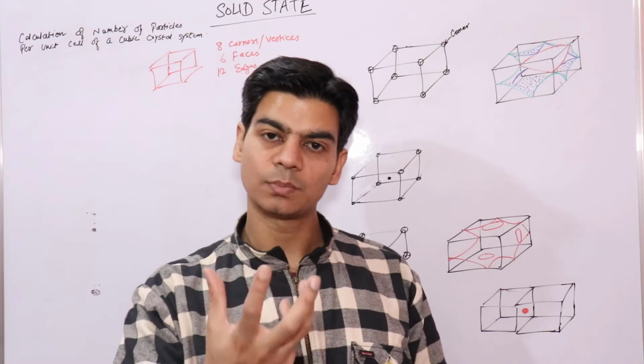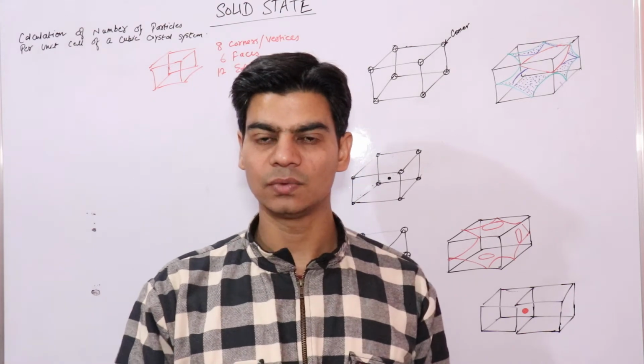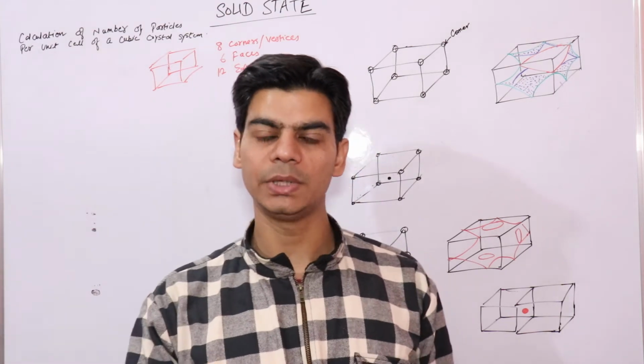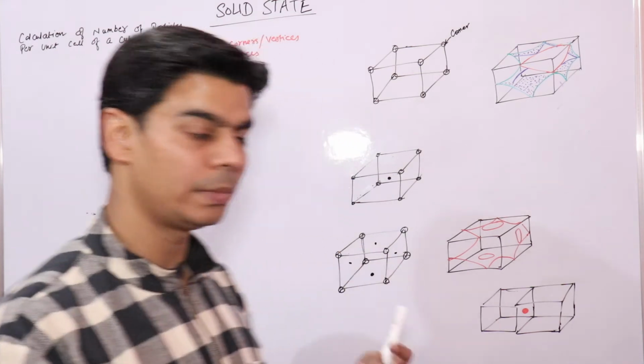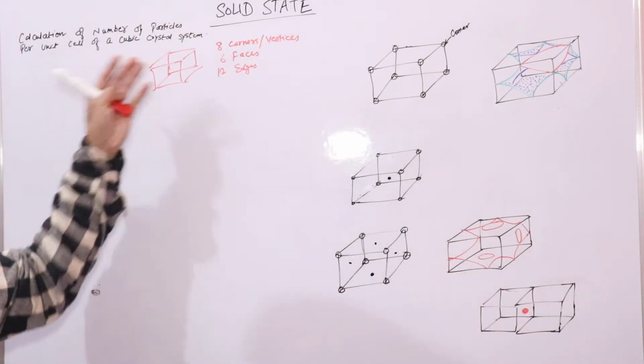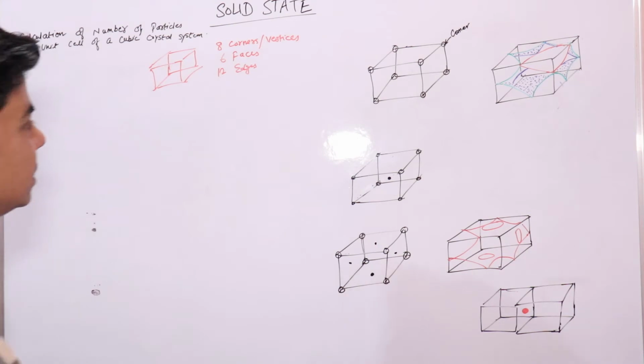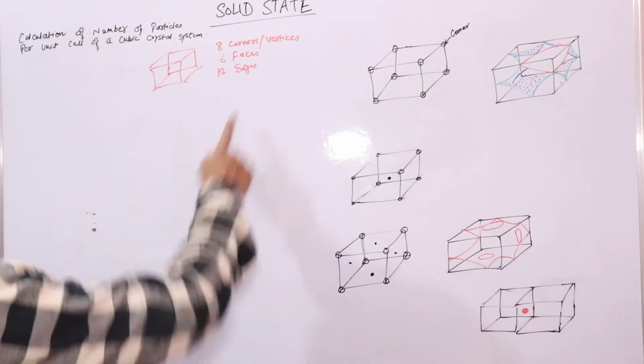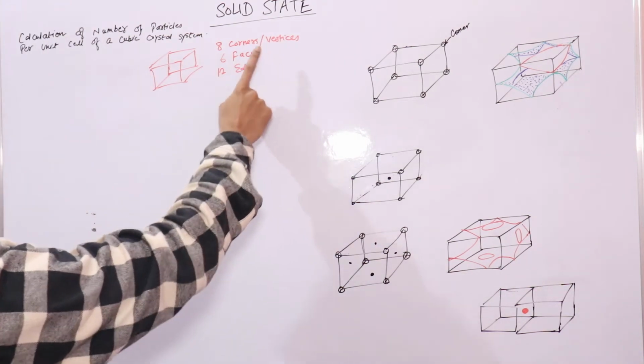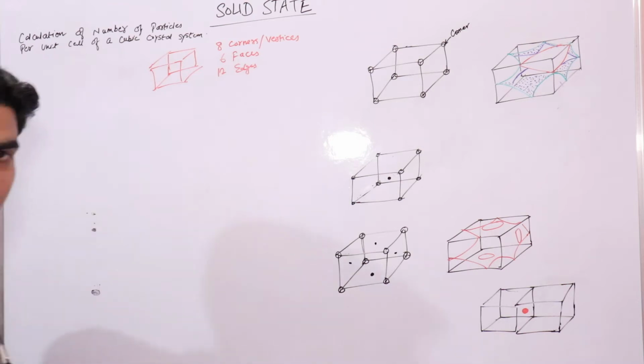So the smallest part of the crystal lattice, which is your unit cell, would also be 3-dimensional. It would be a cube, as we are studying cubical crystal systems. So it has 8 corners, 6 faces and 12 edges.